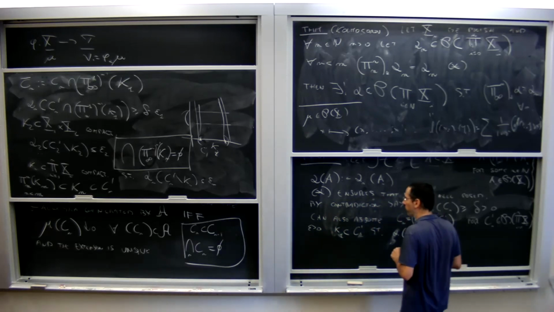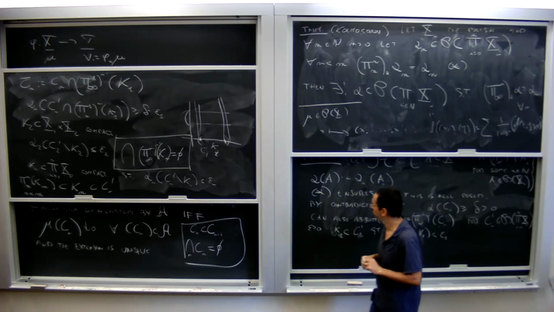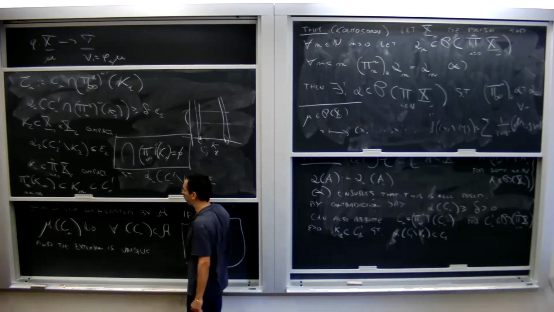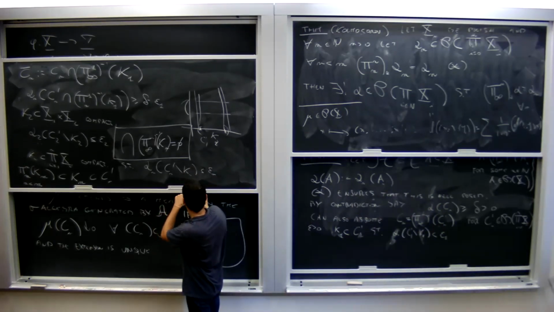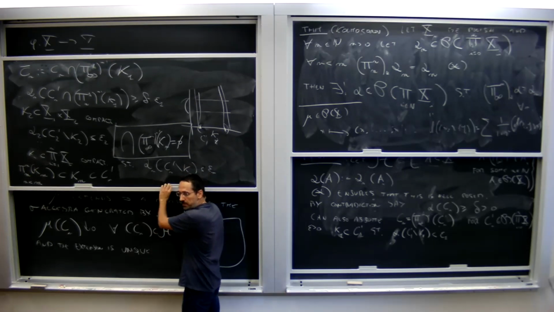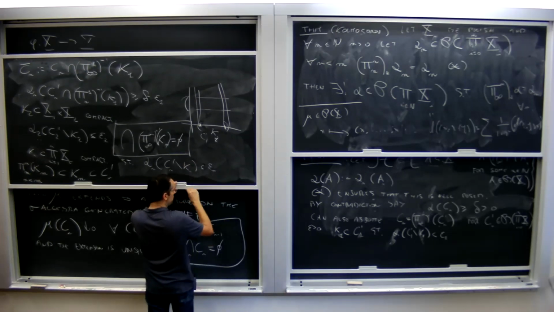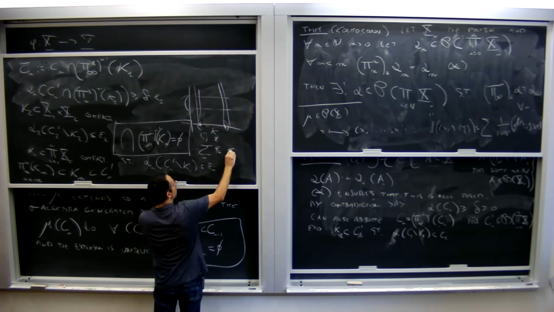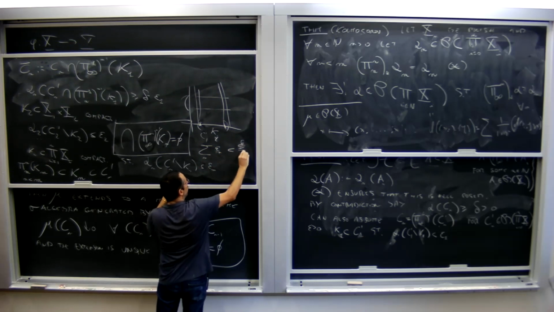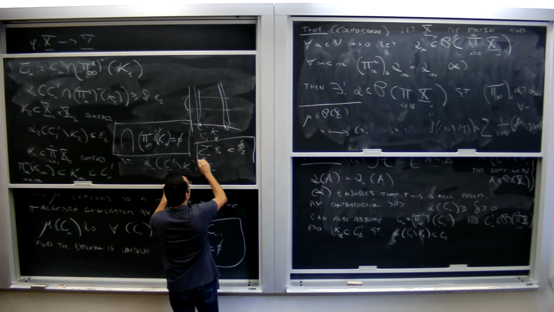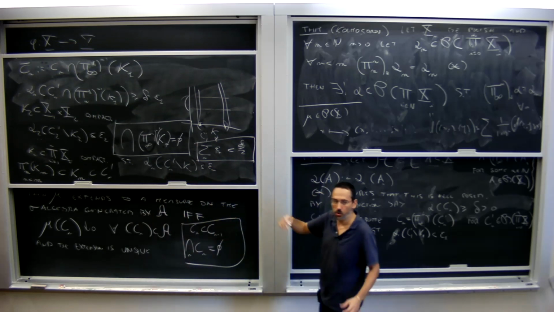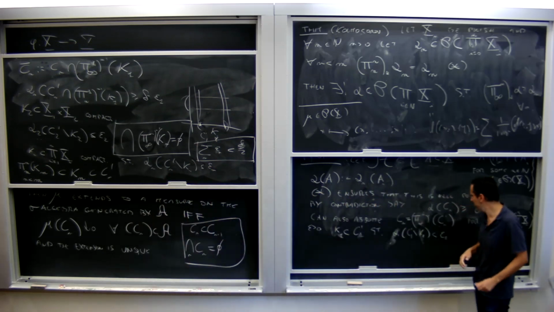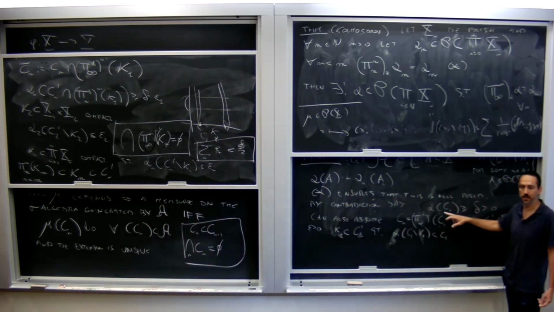First of all, I still need to work a little bit for this contradiction, because I still need to tell you what epsilon n is. Basically I want to pick them so small that the sum over n of the epsilon n is smaller than, say, delta over 2, so that even after I took away all these small sets, still the measure of the cylinders is bounded from below.